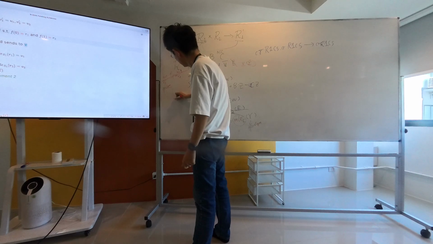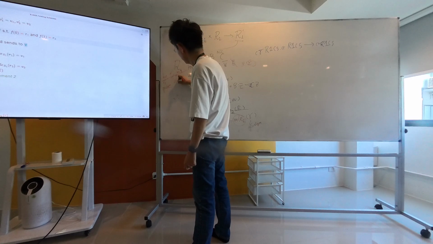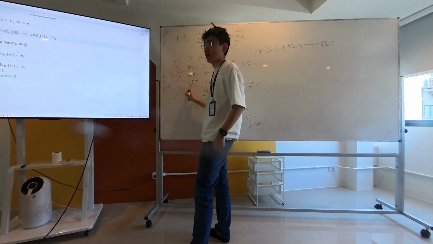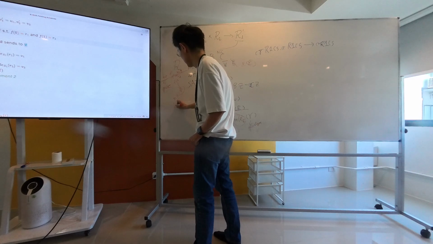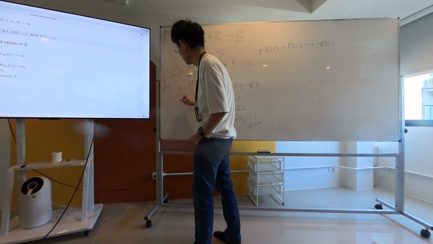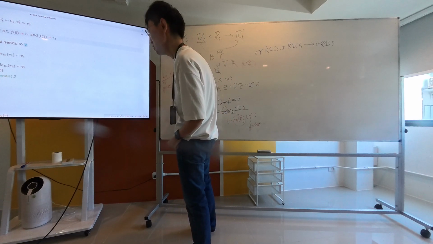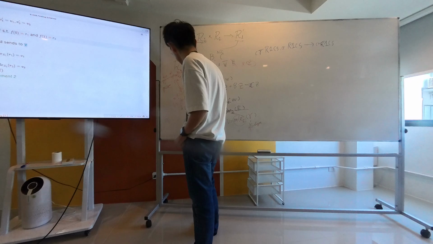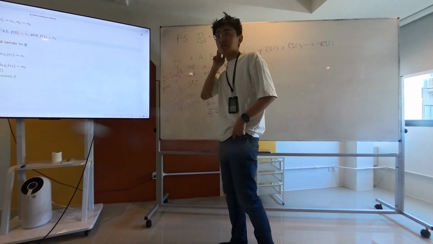So this is X equal to beta, and this is the point F(beta). F(beta) becomes the new random point R, and the new evaluation values of the instance will be H1(F(beta)) and H2(F(beta)).